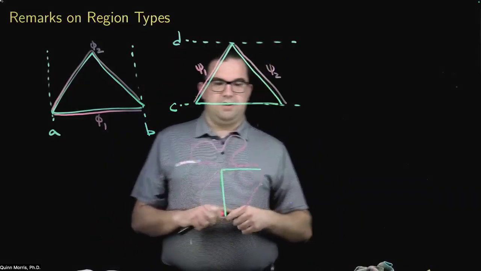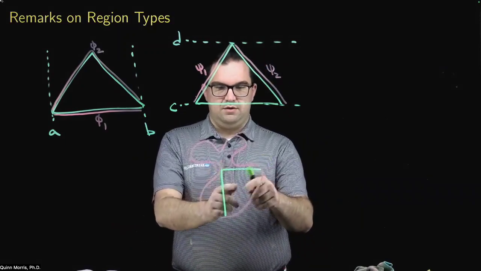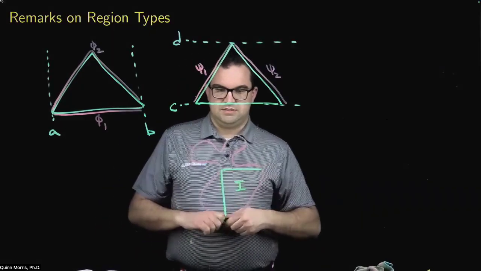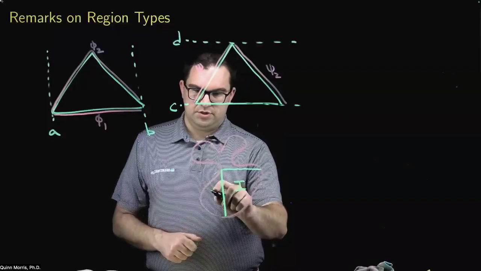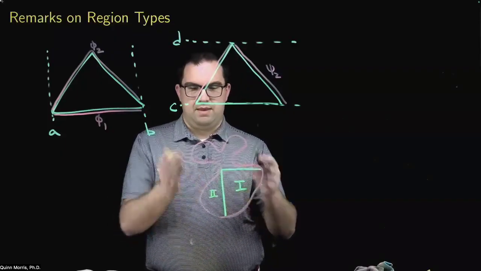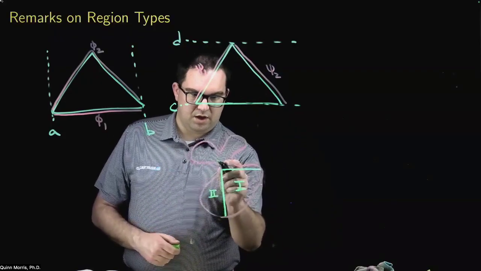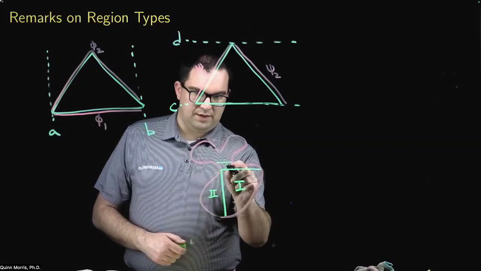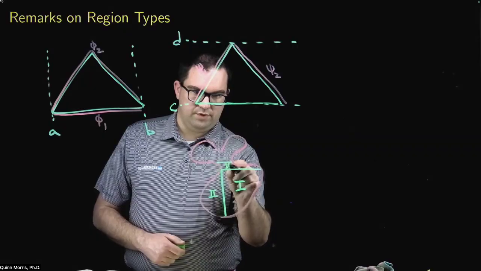So now that I've done this, let's see. This is now certainly a type 1 region. This over here is a type 2 region. And some of them may be others. I'm just coming up with the first one that I see. I could maybe cut here to make my life a little easier. And now it looks like this is a type 2 region.